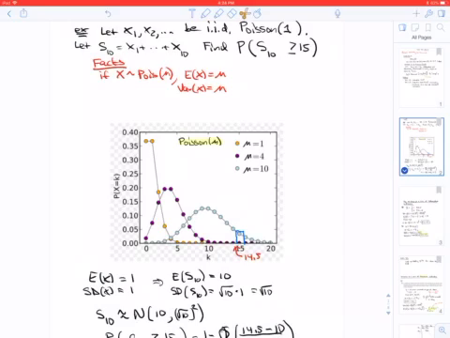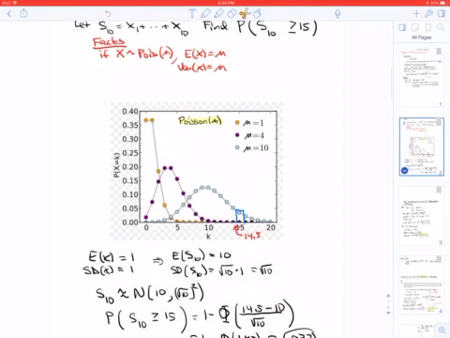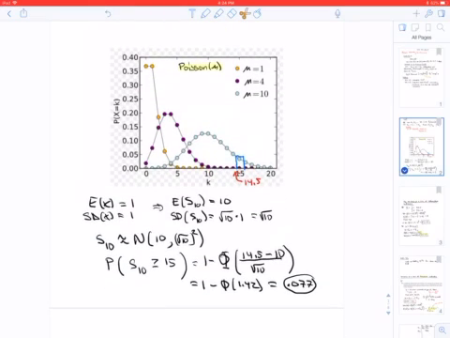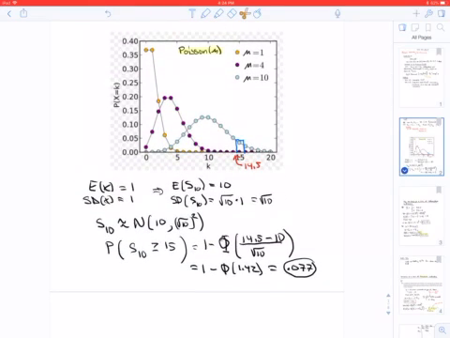So the expectation of S10 is 10 and the SD of S10 is square root of 10 times 1, or square root of 10. And that is just from the central limit theorem. And S10 is approximately normal with mean 10 and variance 10.